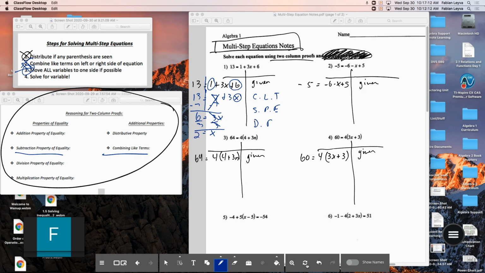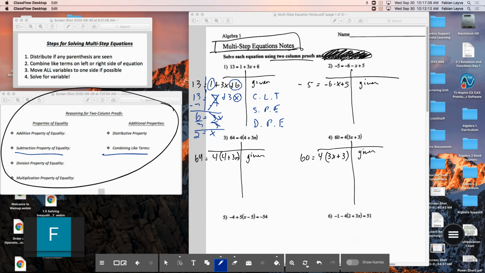To get to the answer, I used the division property of equality because, again, I divided by 3 on both sides. So that is one example of how I worked through these steps in that order in order to solve that equation. My goal is to show you 6 examples of how I work through the same steps for each and every single problem, and I arrive at the answer if I follow those steps correctly.